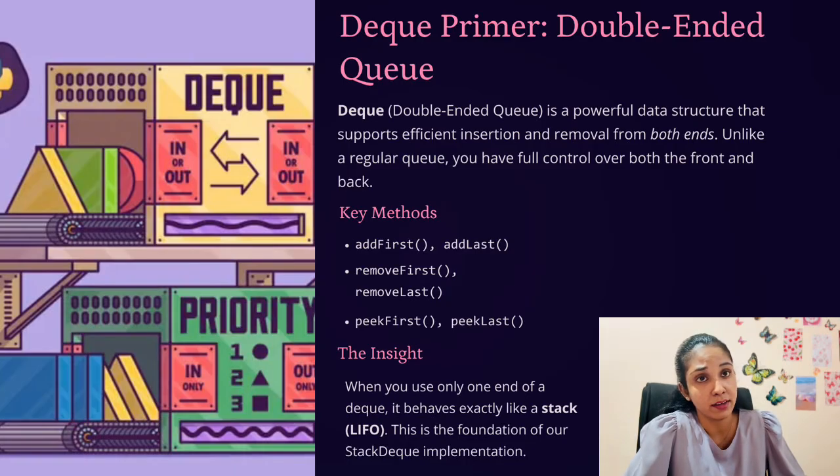This dual nature is powerful, and here's the key idea. If we operate on only one end, the Deque behaves exactly like a stack, like LIFO. This insight is the foundation of our StackDeque.